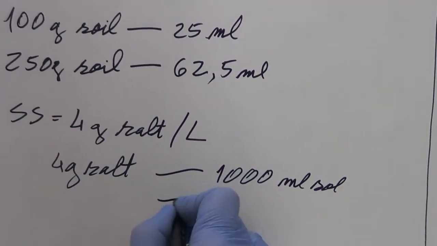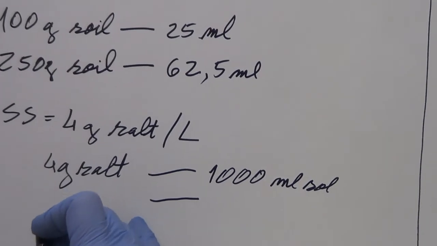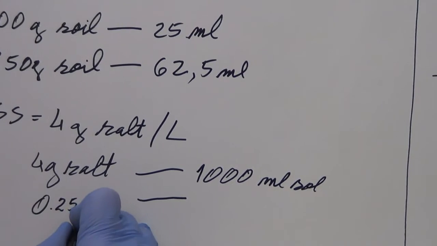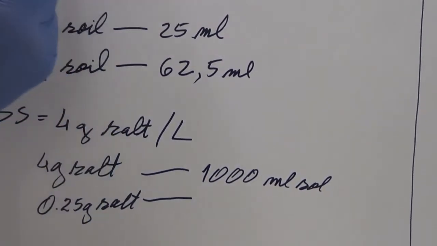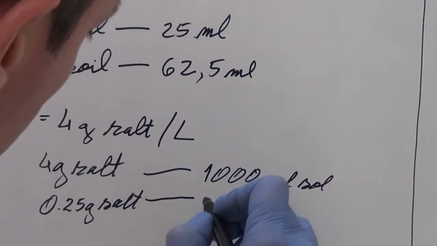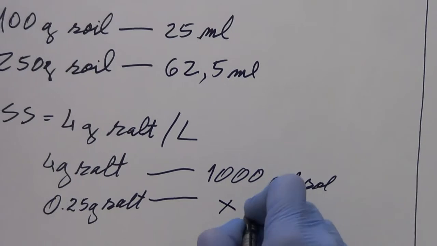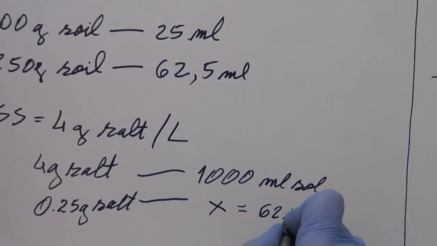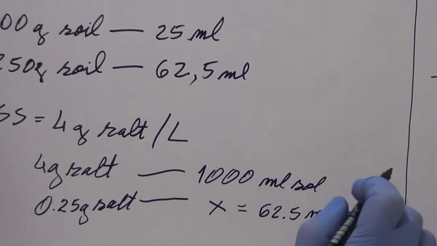This means that if we want 0.25 grams of salt, that is what we need in our first treatment, we need a certain volume of solution, and this volume should be 62.5 milliliters of stock solution.